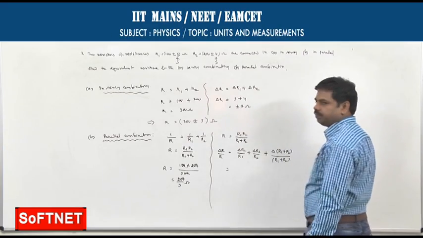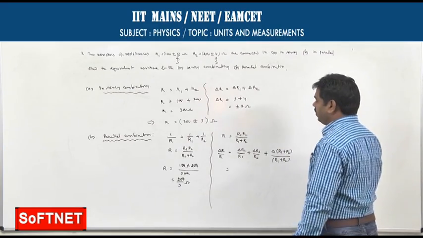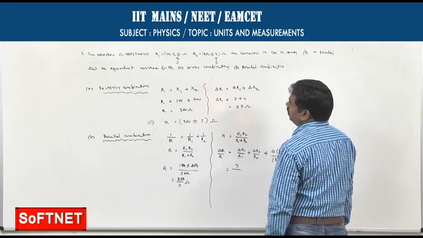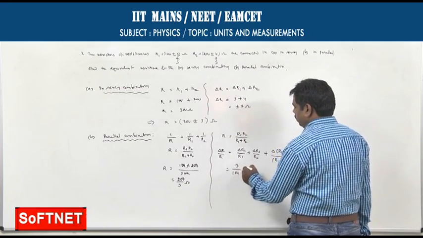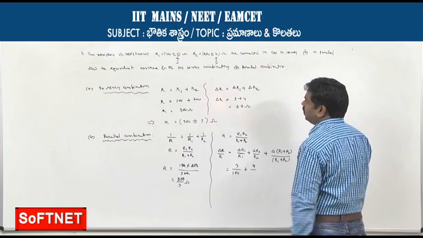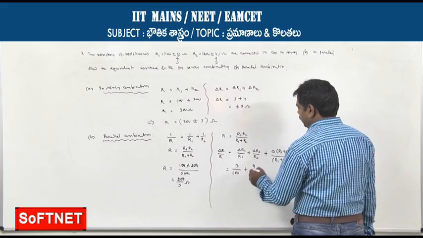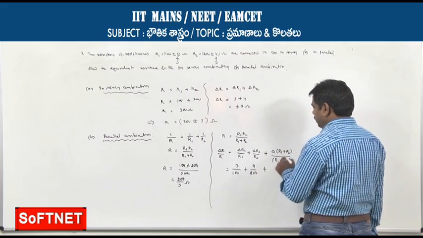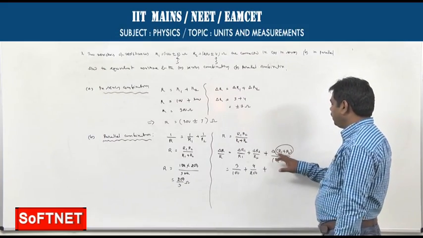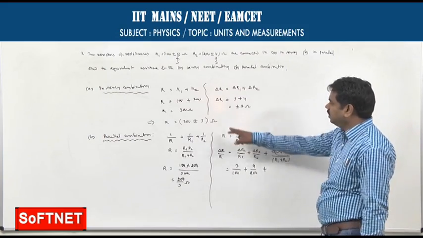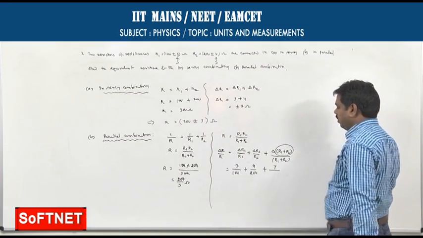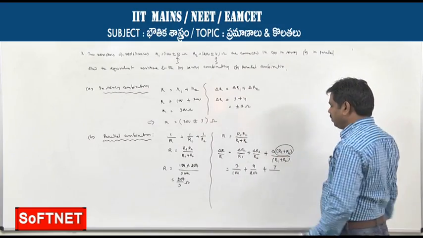Delta R1 is given to you as 3, R1 is equal to 100, delta R2 is given as 4, R2 is equal to 200, and the error in the measurement of R1 plus R2, we already got as 7, by R1 plus R2, that is 300.